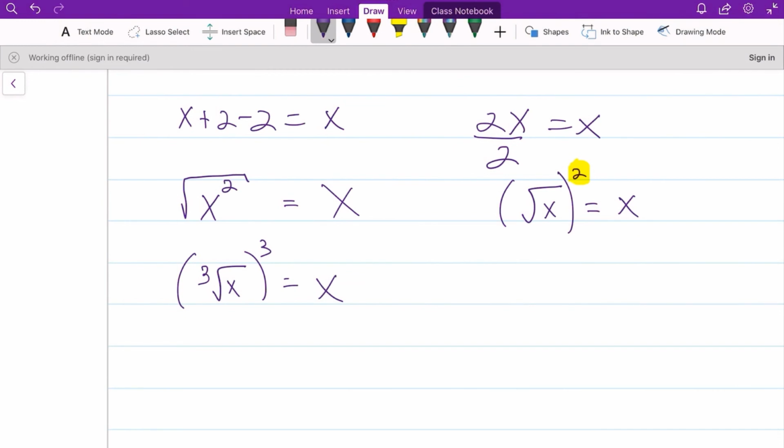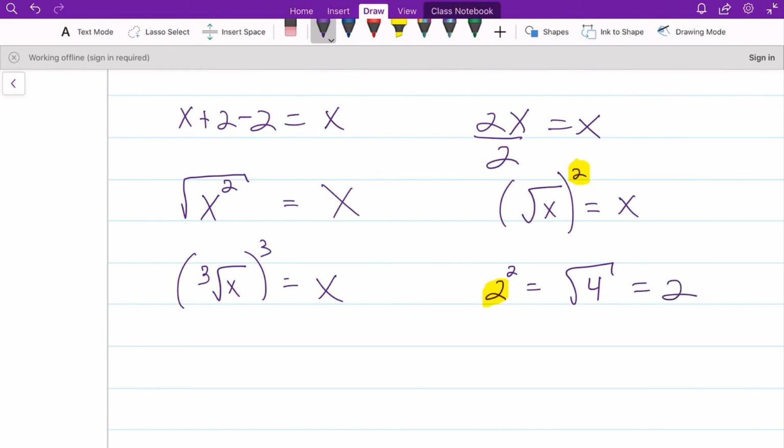Okay? So if I had 2 and I squared it, we would wind up with 4. Well, if I wanted to wind up with what I started with, if I wanted to undo that square, all we would do is take the square root of 4, and we would wind up back where we started.